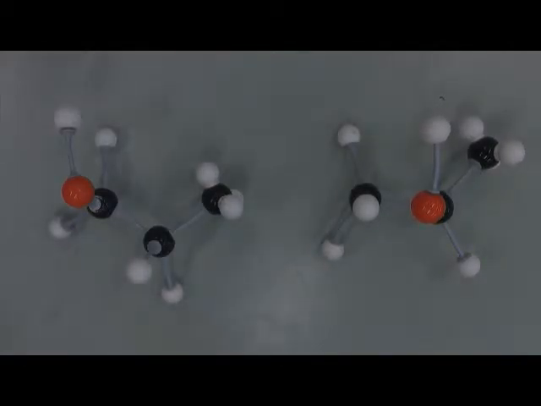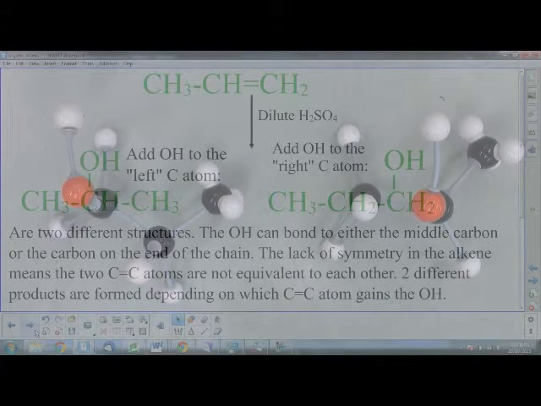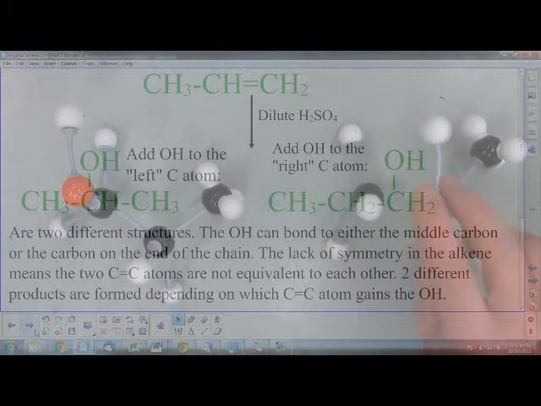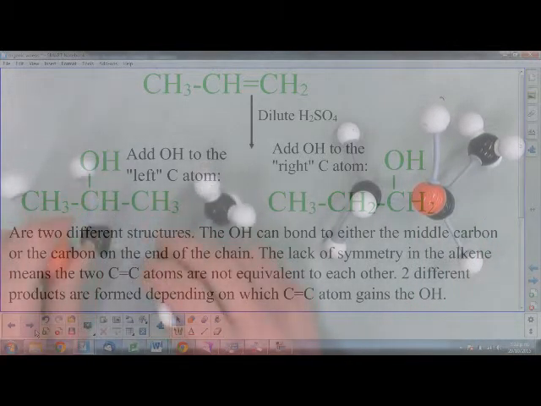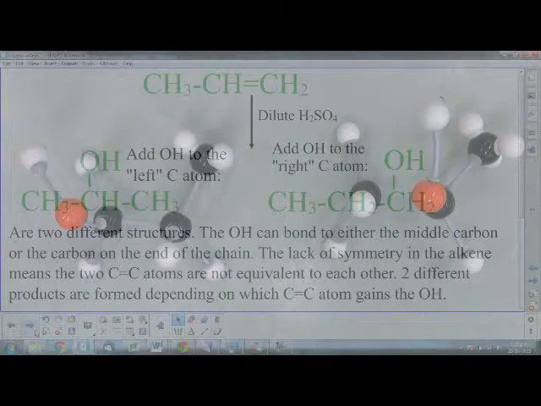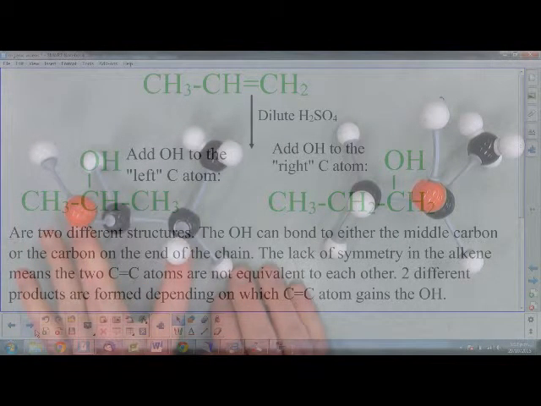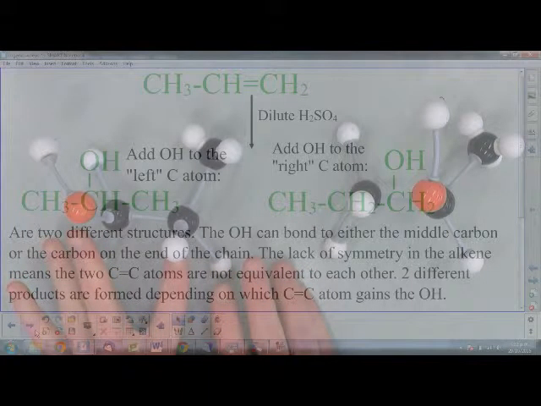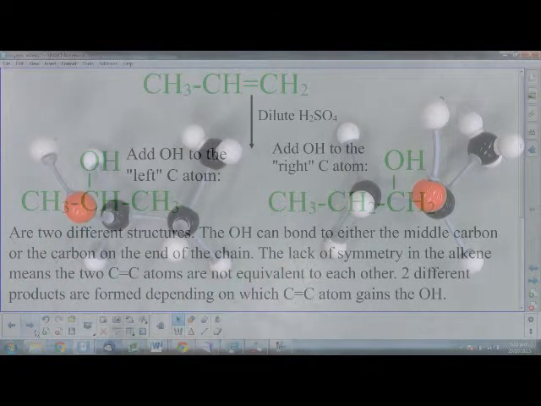We end up with two different organic products in this case because we either have the OH bonded to the middle carbon or the carbon on the end of the chain. The lack of symmetry in the original propene reactant meant that the two carbons in the double bond weren't equivalent to each other. We get a different product depending on which one gains the H or the OH.